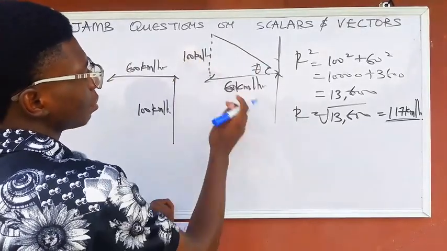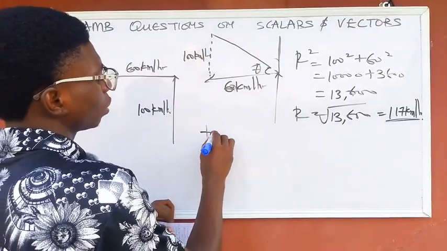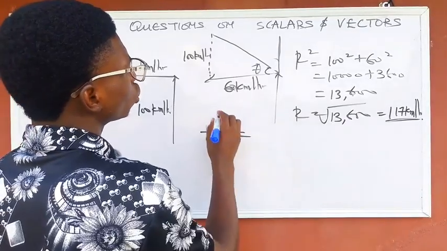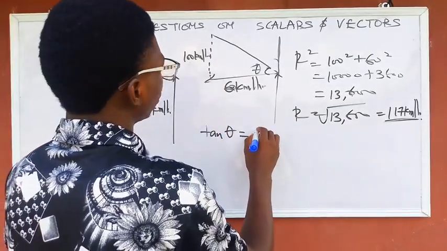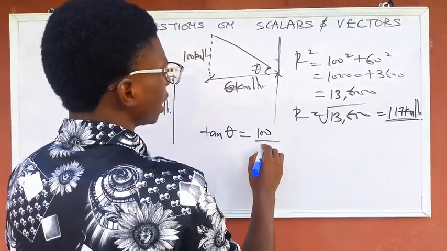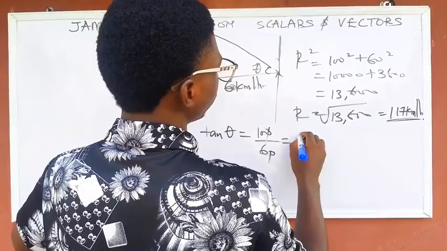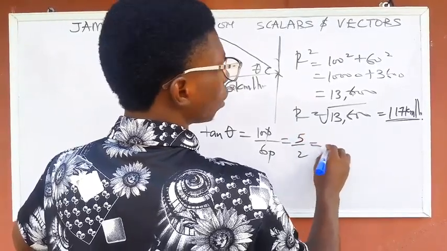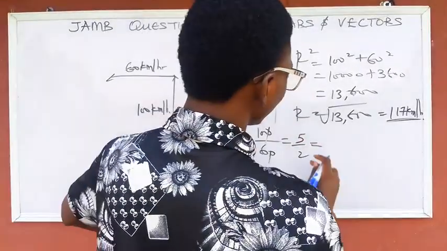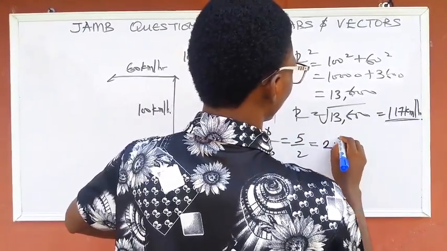So we can use tan. We can use tan theta, which is opposite over adjacent. 100 all over adjacent, which is... 0 cancel 0. That will be 5 all over 2. What is 5 over 2? That will be 2.5.